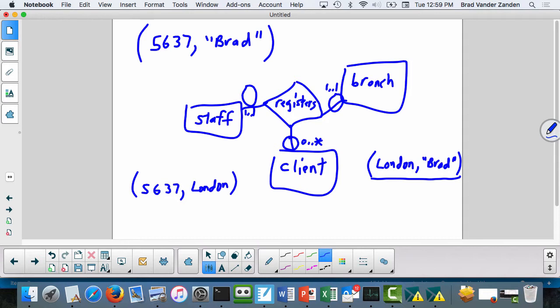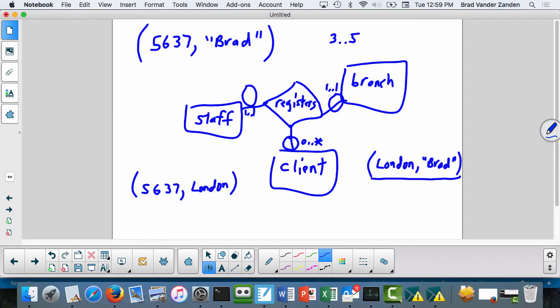Okay. The other thing is you should know that occasionally it's not a minimum of 1 and a maximum of something. For example, we might say that a student must take a minimum of 3 courses and a maximum of 5. So if we said that, we would show a relationship that way.